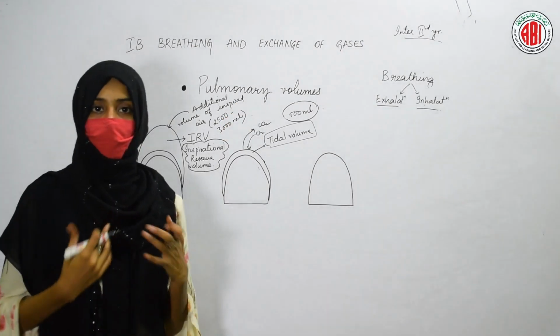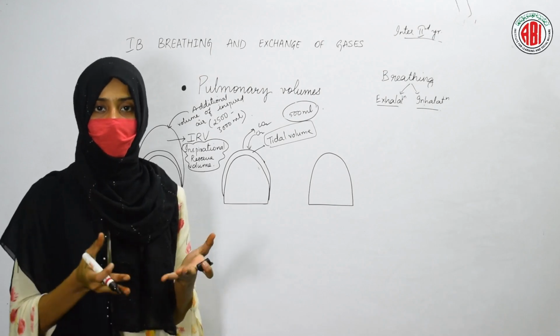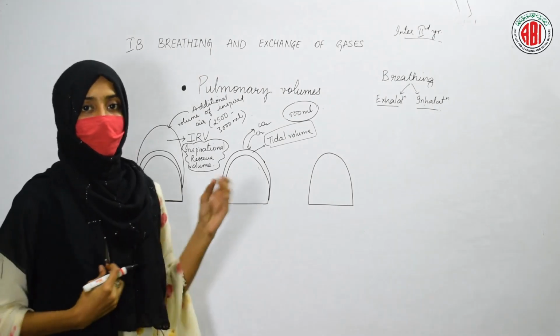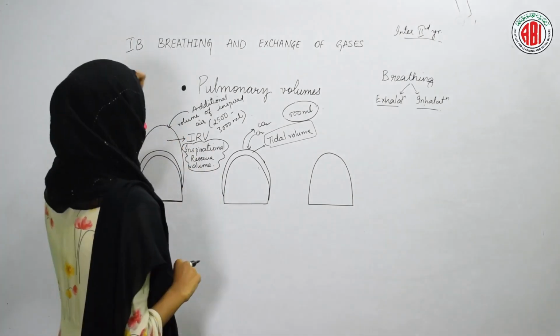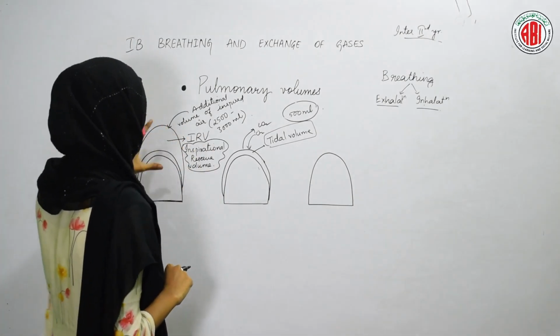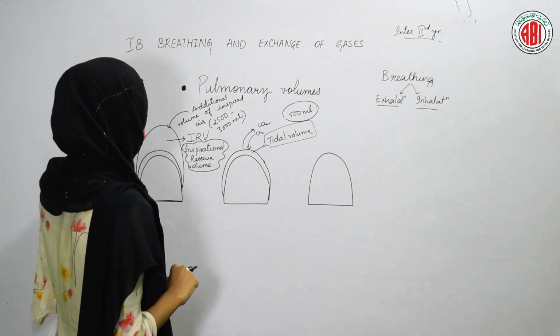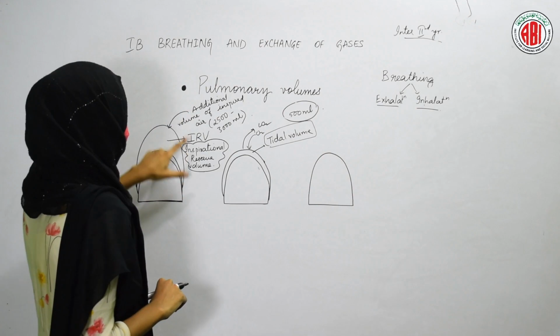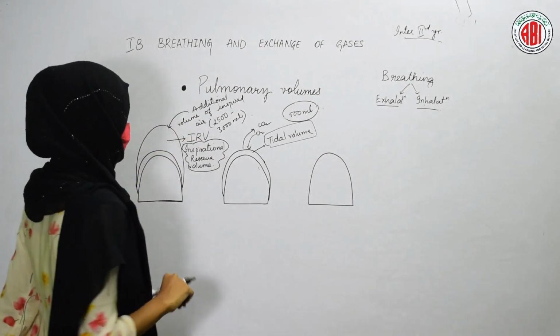When we inspire forcefully after a normal inspiration, taking in more air than in normal inspiration, that volume of air is called inspiratory reserve volume. It is given as 2500 to 3000 ml.